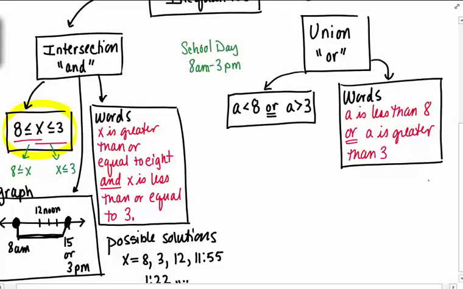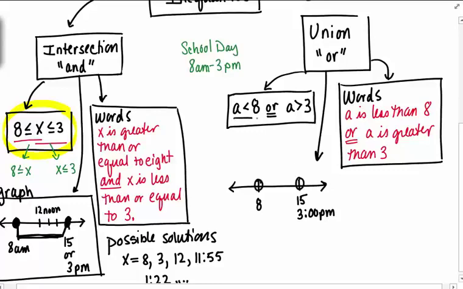The way we would represent this graphically is going to be kind of interesting, something that you haven't seen before. We're going to do the number line the same way. 8 o'clock comes before 3 p.m., which is the same as 15 if you're looking at military time. We're going to use open dots.